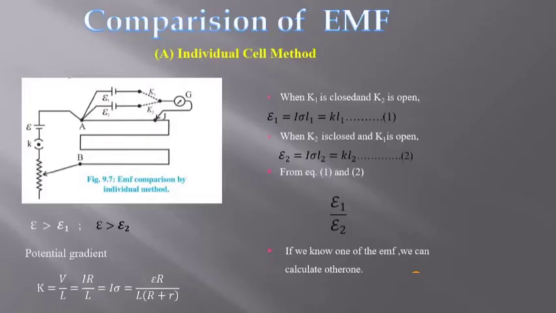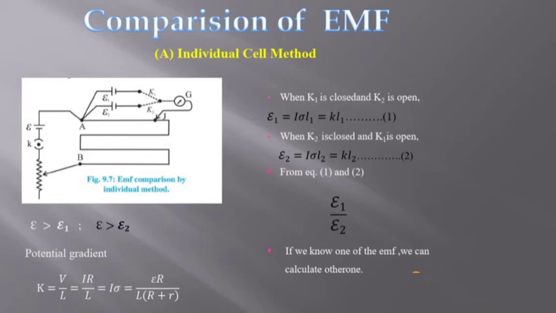The cells whose EMFs are to be compared are connected with their positive terminals at point A and negative terminals connected to keys K1 and K2 respectively. The common terminals of K1 and K2 are connected to the galvanometer and then the jockey.